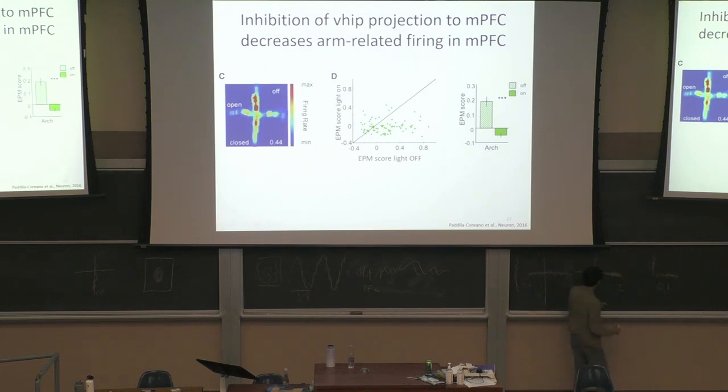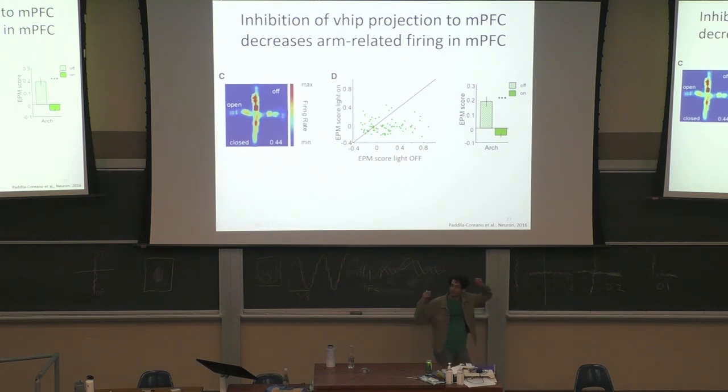So this EPM score is high for both closed and open preferring cells, and low for other cells. Those other cells, these yellow cells, were the ones poorly synchronized to ventral hippocampal input in the previous paper, and the orange cells were well synchronized.